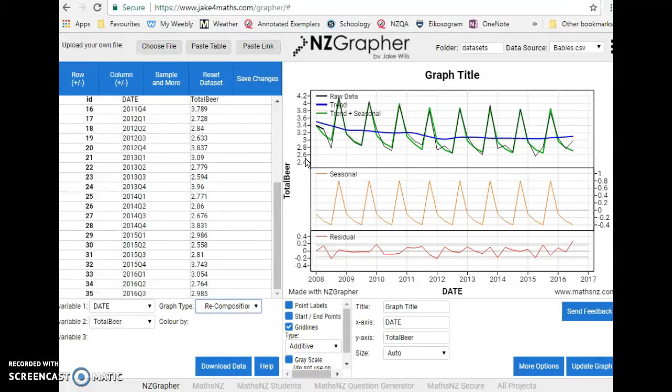The range of raw data is 1.6 million litres. 10% of 1.6 is 0.16. So that's what we do. We take 10% of the range of raw data, and any residual that's bigger than that means our model's starting to get weak.